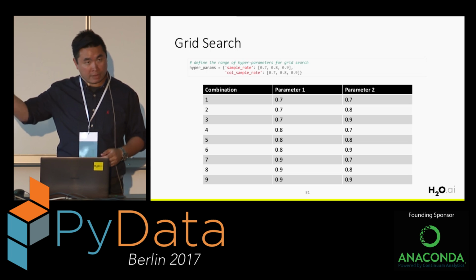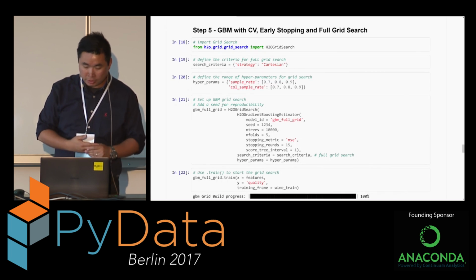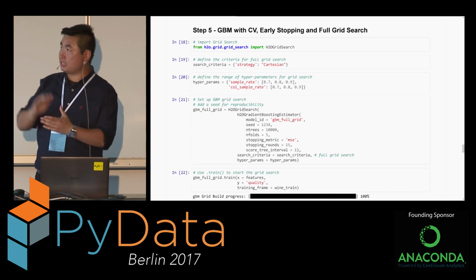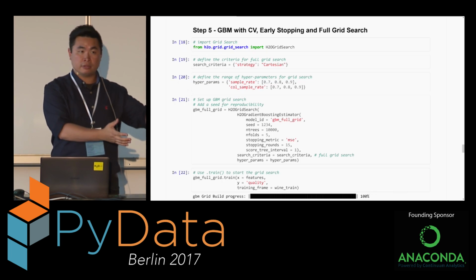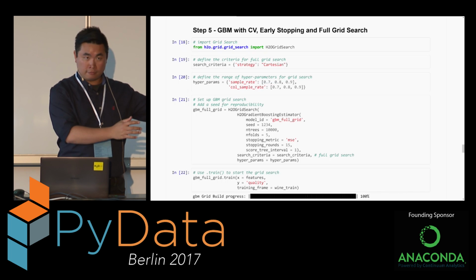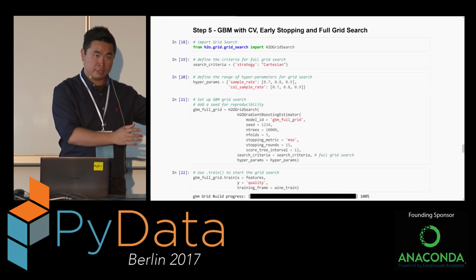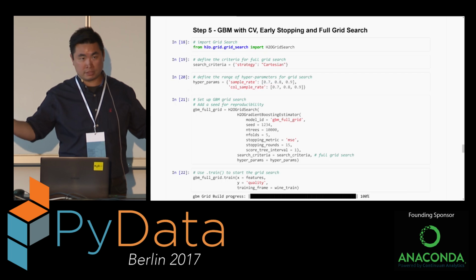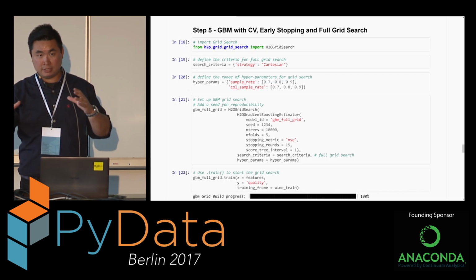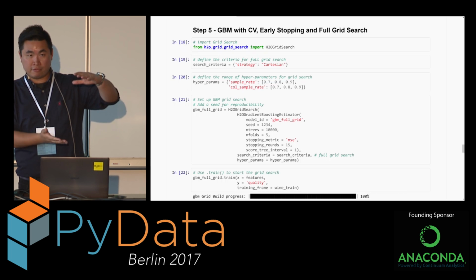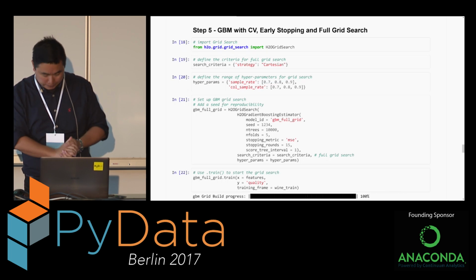Let's go through them all in H2O. So what you need to do in H2O, in the code that you can see on the screen, is to tell H2O, okay, this is the search space I have. So 3 parameters for the column sample rate, 3 for the sample rate for rows. I want to look at all of them, so I want to use the strategy of Cartesian, which means the full search of everything in that search space.